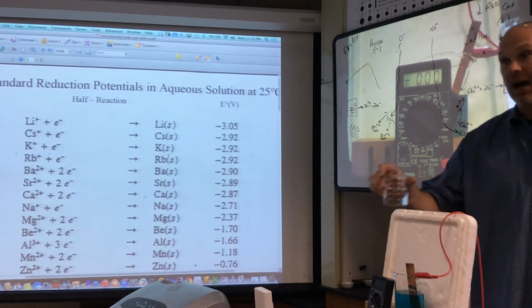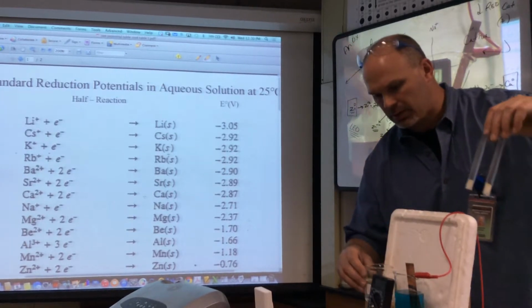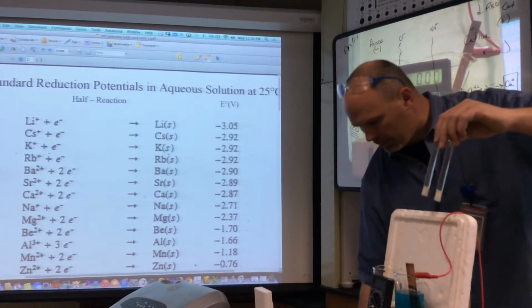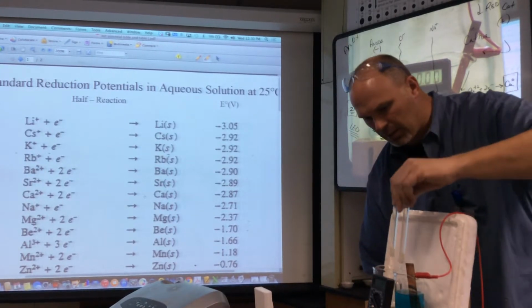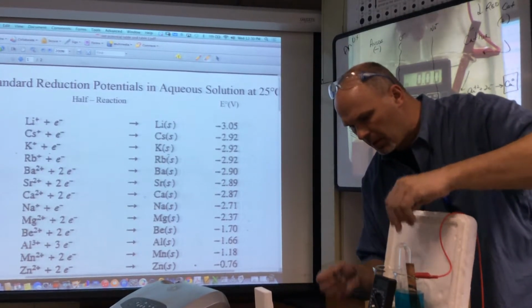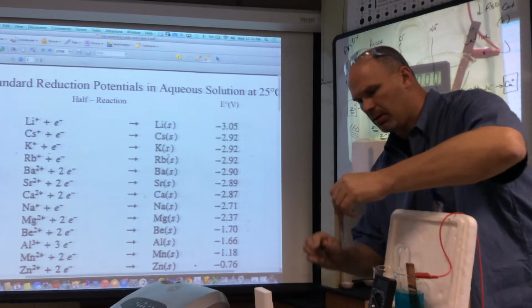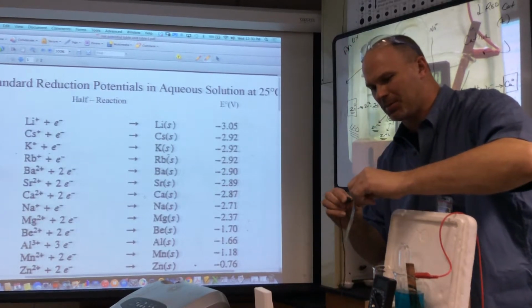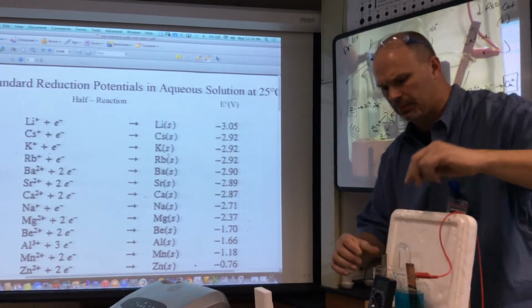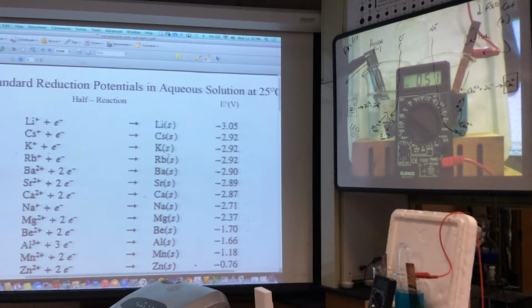I've still got some zinc ions in there. So let's see what happens now. Okay, so that was my zinc. Here's my salt bridge. And I'm guessing this is lead. This is lead. Still a little lower.